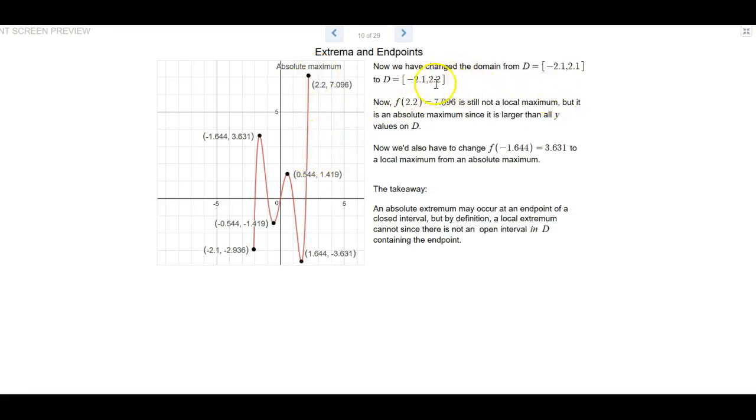Before I extended this domain, this was the absolute maximum. But now that I have this one at the endpoint, I can't call that a local maximum. Again, this is at the end of the domain here, so there aren't any function values to the right of it to compare it to, to say that it's a local max. So an absolute extremum can occur at an endpoint of a closed interval, but not a local extremum.